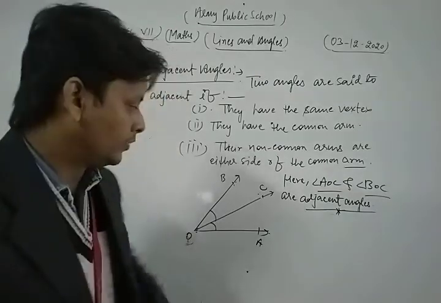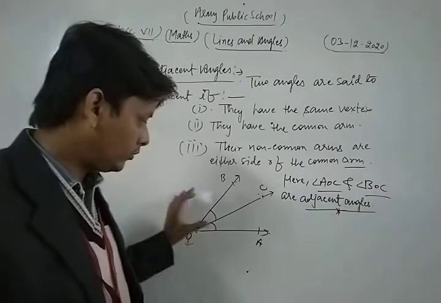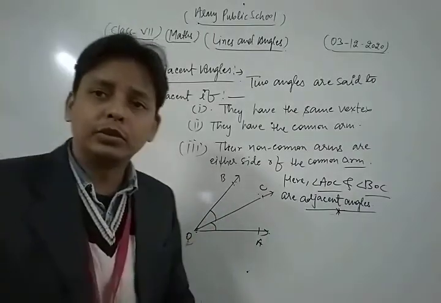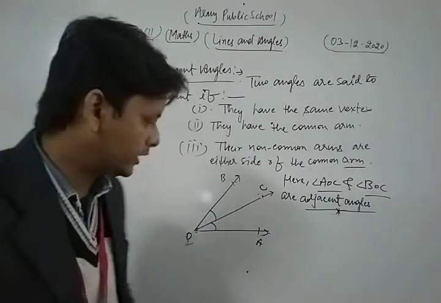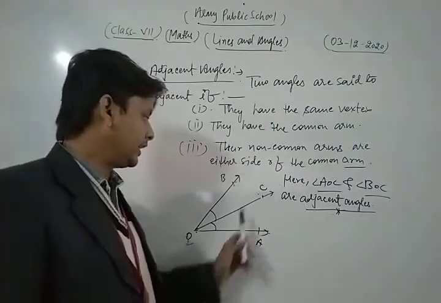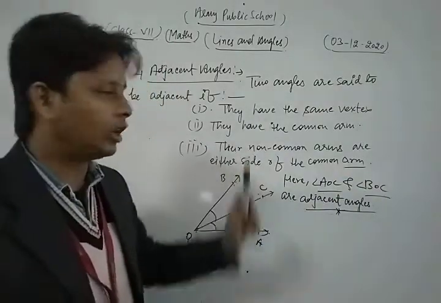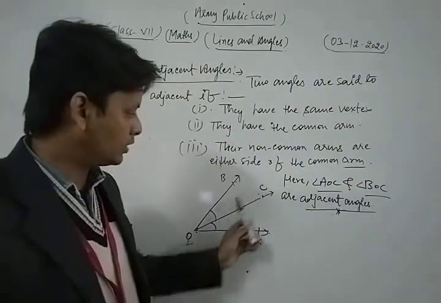Why are angle AOC and angle BOC said to be adjacent? Because, dear students, they have the same vertex O. Also, they have a common arm: OC is the common arm.